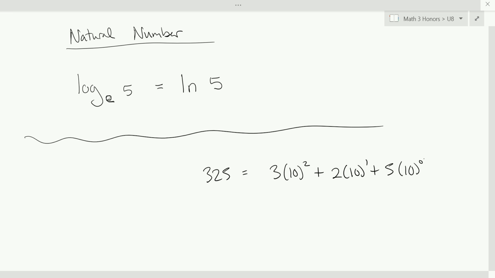In computer science, computers work better with a different base. But you know why we use base 10? We've got 10 fingers. That's where it came from. It's natural. It's a common thing.